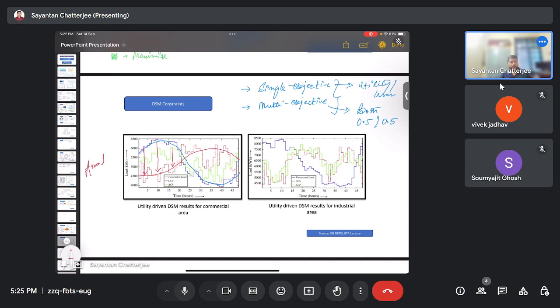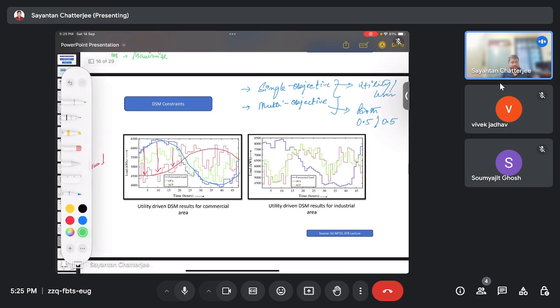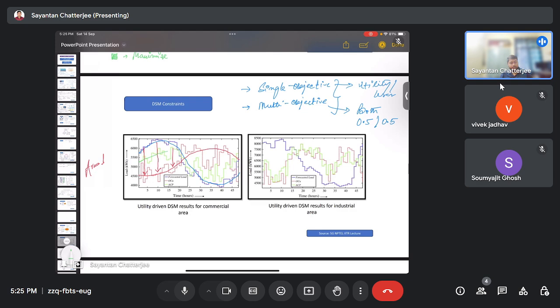After doing all these things, what resulted after performing these single objective based demand response programs is that there is a shift.